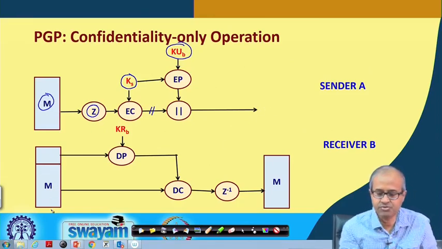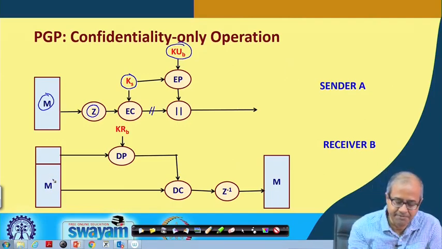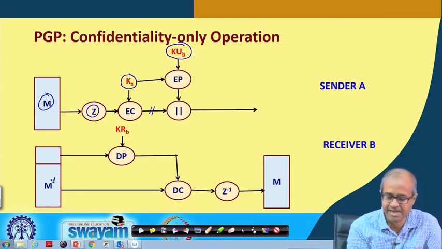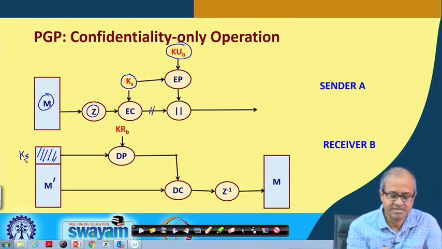So, what the receiver is receiving is not exactly M, this is the encrypted version of M, you can call it M dash, and here you have the encrypted version of KS. These two things are coming to you.